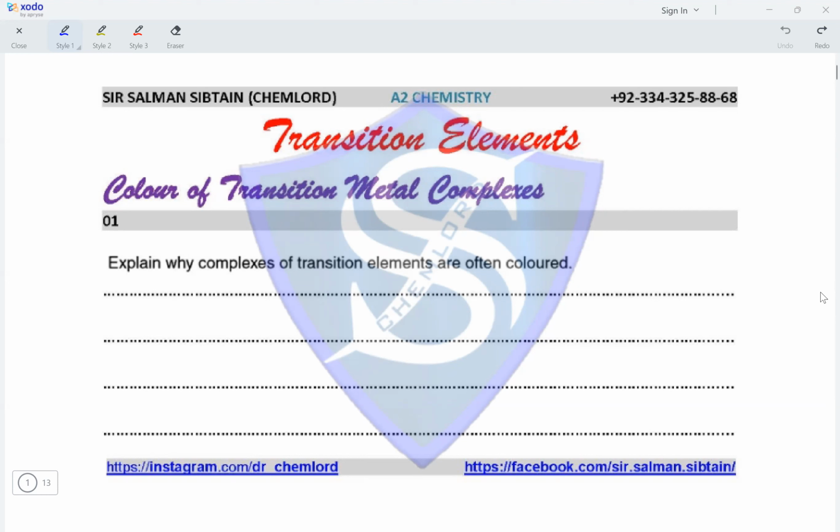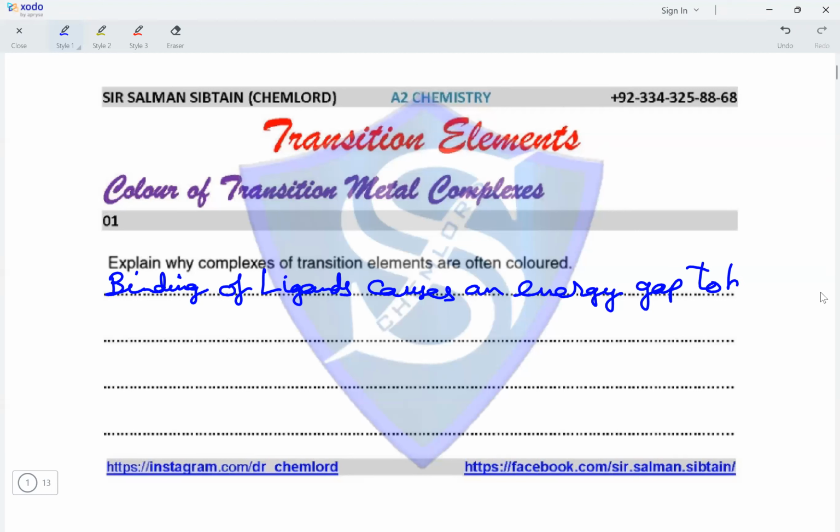So, binding of ligands causes an energy gap to be created between the d orbitals.